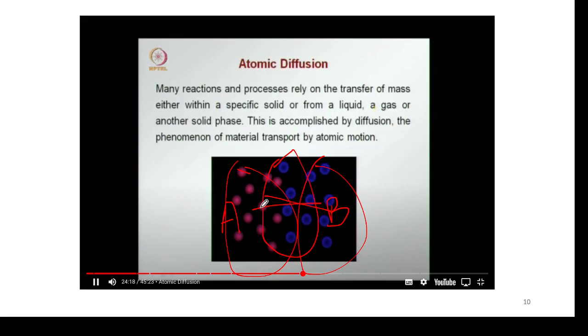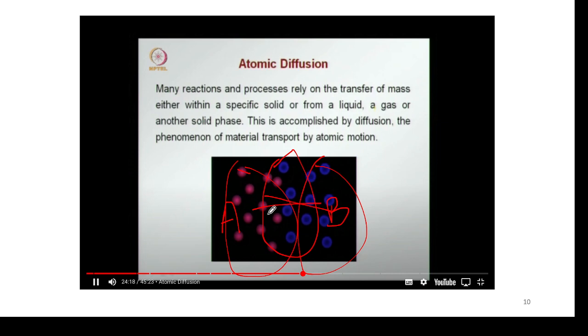For example, let's say you have two stones in your hand and you attach them together just by pressing with your hand. Will they become one stone? Obviously not, right? But if you want to make these two stones one stone, you have to give them a particular amount of energy.